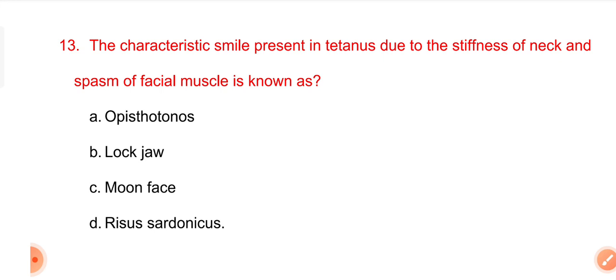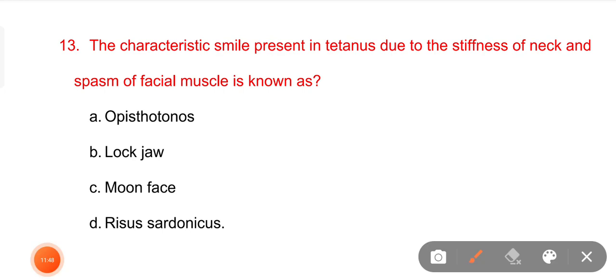So in that patient, what is the characteristic smile? The options are: A, opisthotonos; B, lockjaw; C, moon face; D, risus sardonicus. Risus sardonicus is the right option. So option D is the right option.